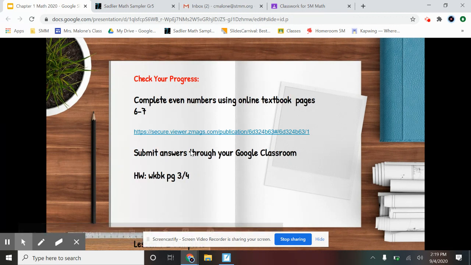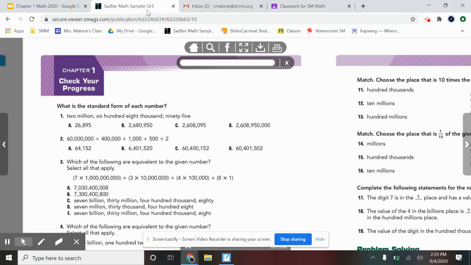Well, you will have homework if you don't finish the problems on page 6 and 7. But the workbook page, you all can ignore. Kids from home, my NTI kids, they have to do that workbook page. But you guys can get a pass on that one for today. Okay? So you have time now to start.